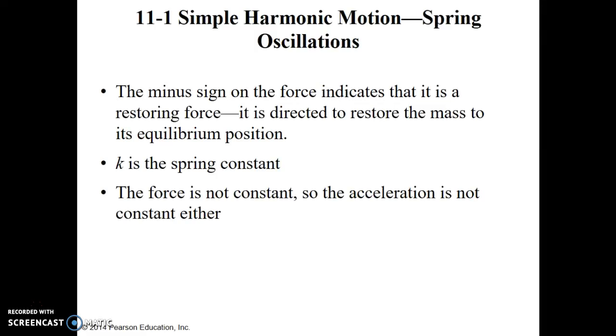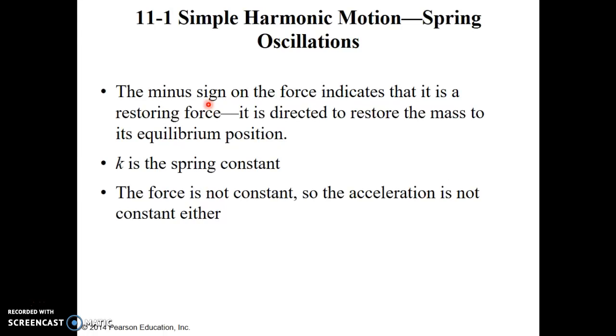As I mentioned here, the k is a spring constant, so we don't need to cover any more of that, just a property of the spring. The minus sign in the front is rather significant, rather important. This minus sign tells us what direction the force is. That minus sign also indicates it is in the opposite direction from the displacement.